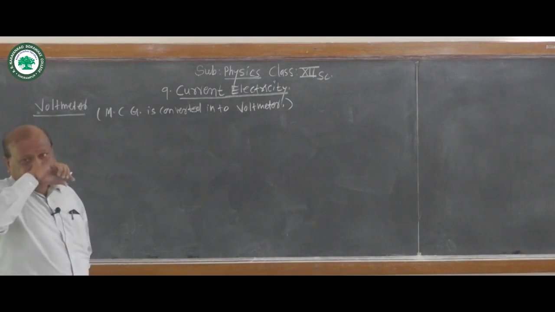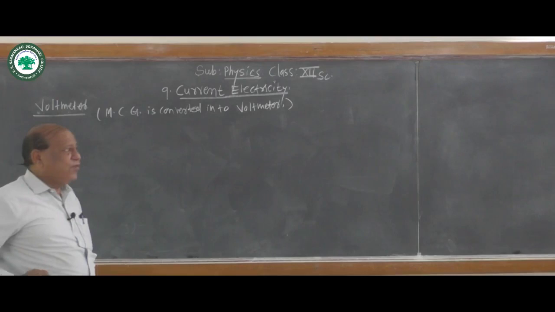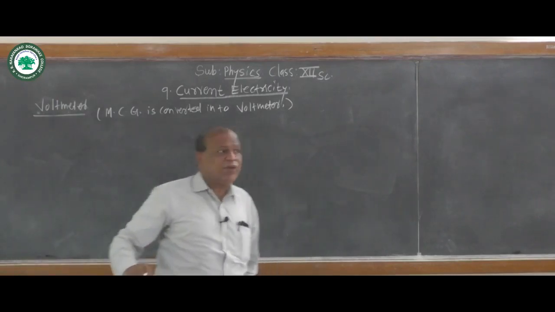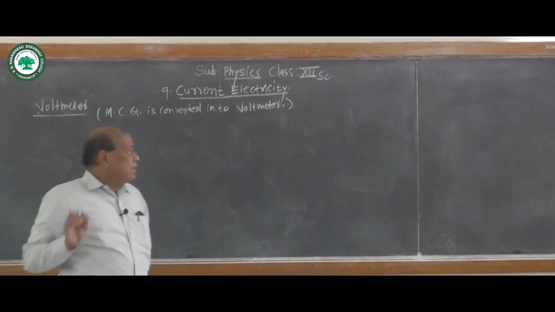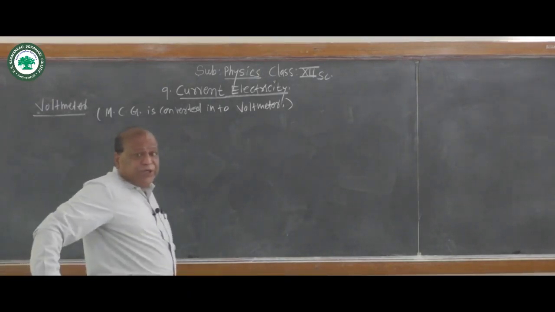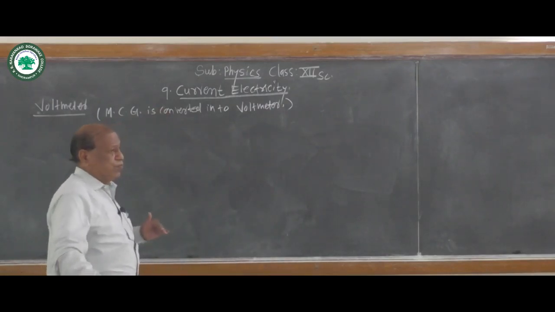It is always connected in parallel to the given circuit, and therefore the effective resistance of that circuit decreases and accurate PD is not measured by this voltmeter.